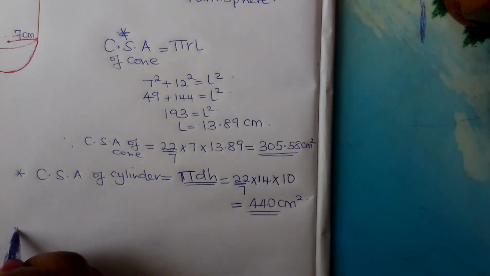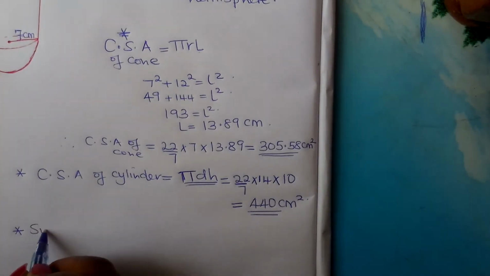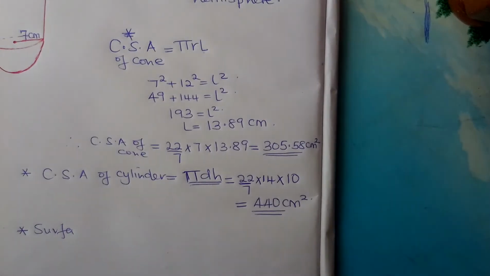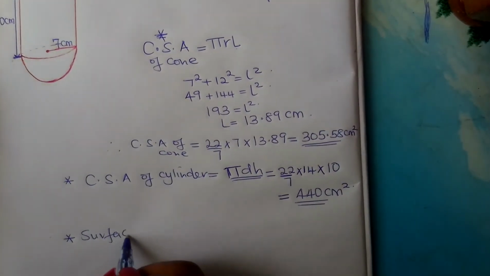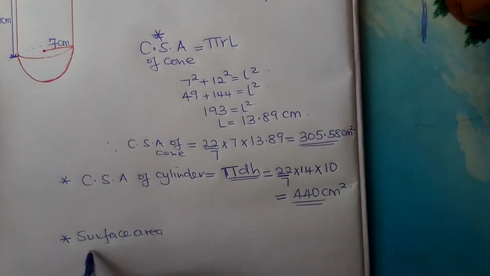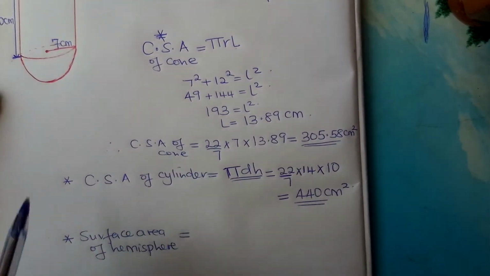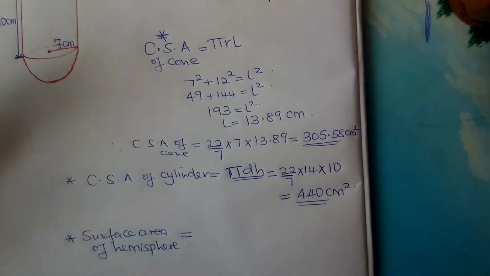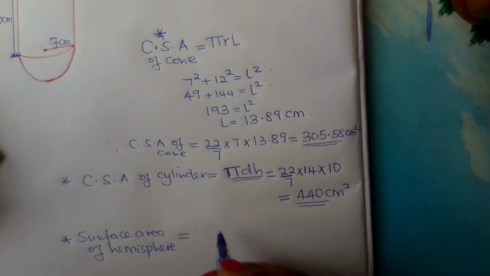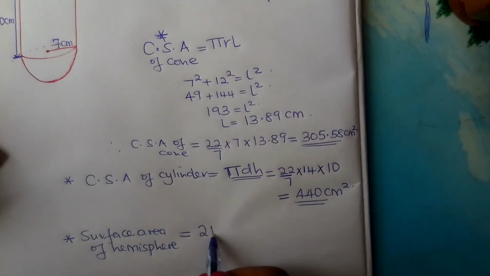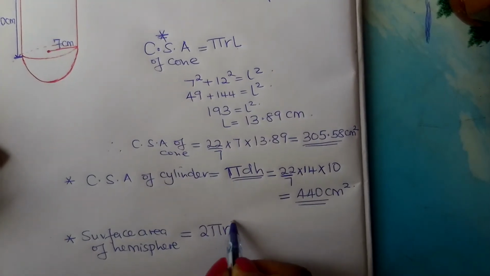What about now the surface area of the hemisphere? The surface area of our hemisphere, the bottom part here, is given by 2 pi r squared.